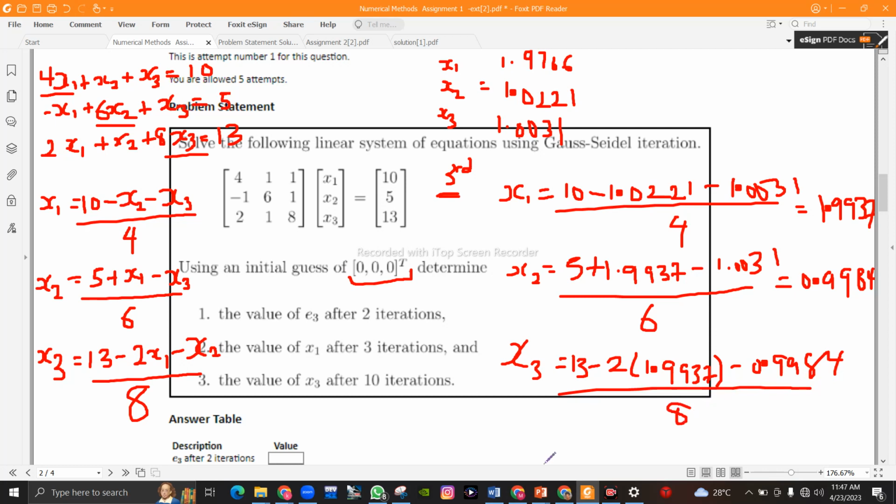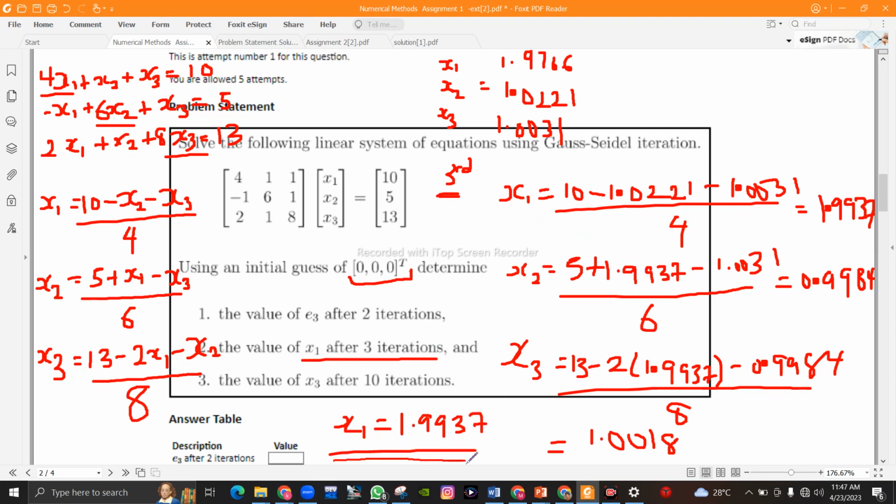So we calculate this, x3 is equal to 1.0018. So they say calculate x1 after the third iteration. So our x1 after the third iteration is 1.9937.